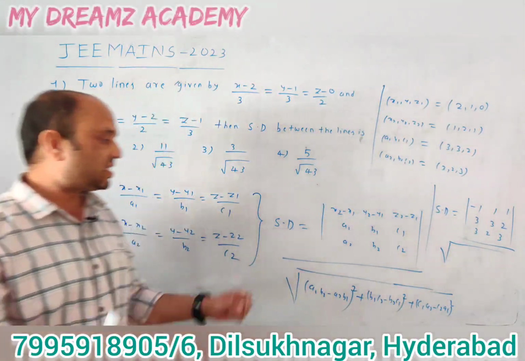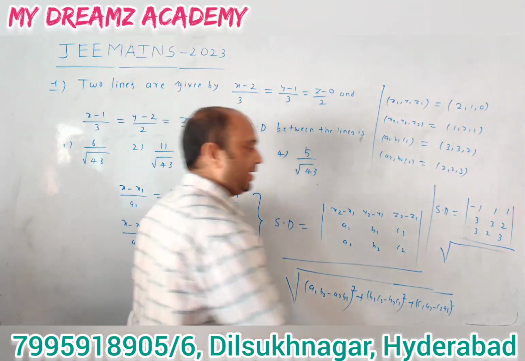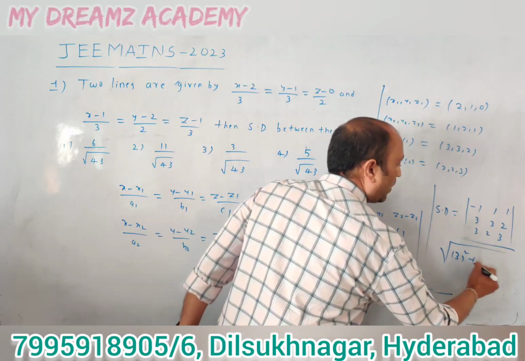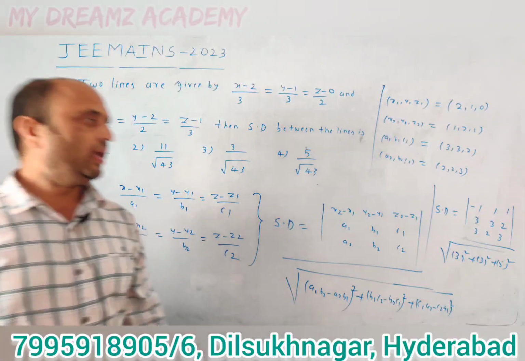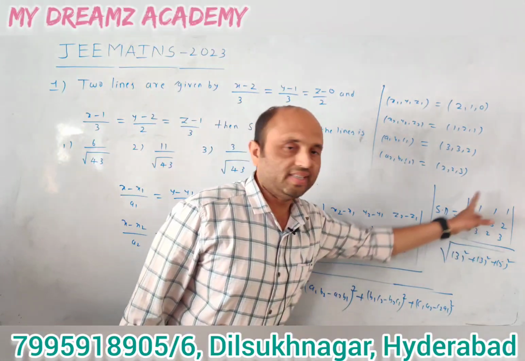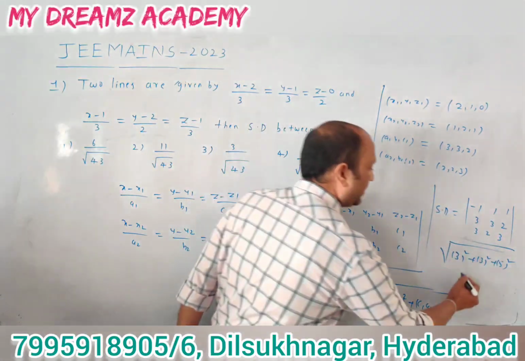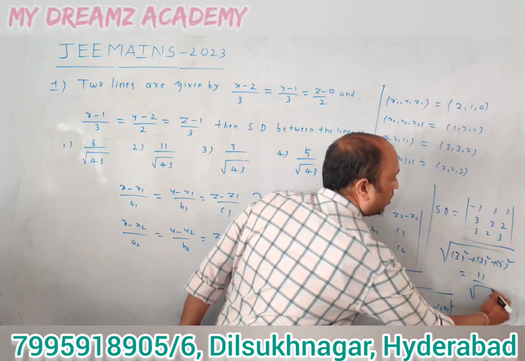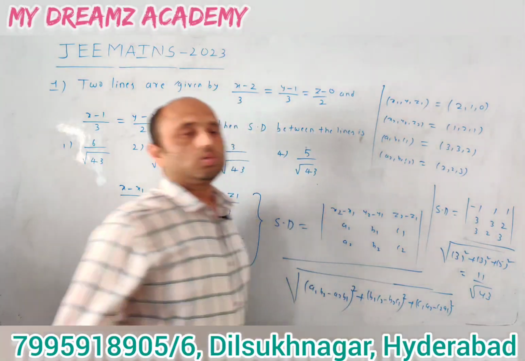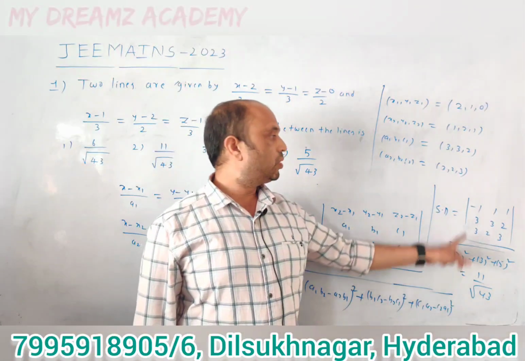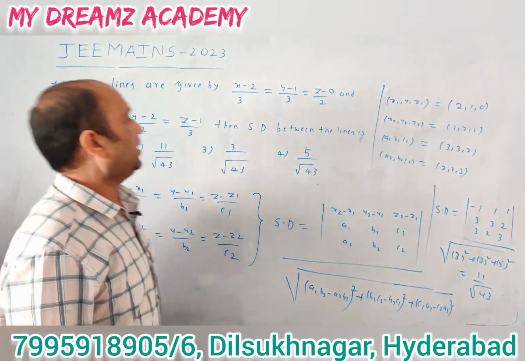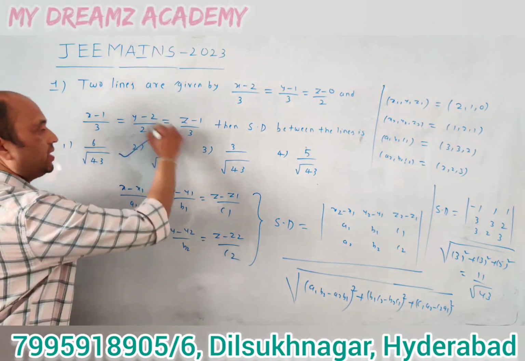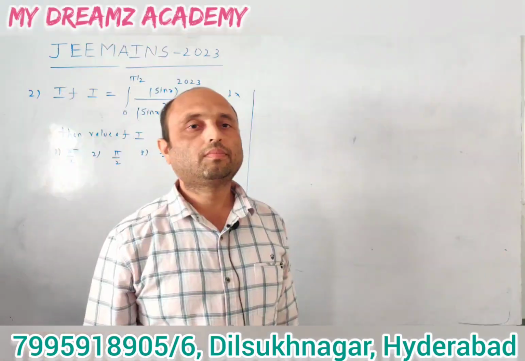Substituting all these values, we get the square root of 3 square plus 3 square plus 5 square. Finding the determinant, we get 11 by root 43. So the shortest distance between the two skew lines is 11 by root 43. So our required option, the second option, is true.